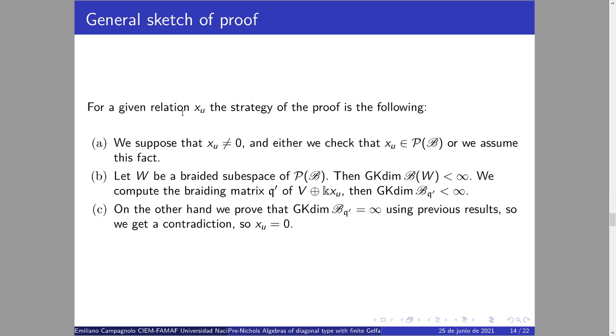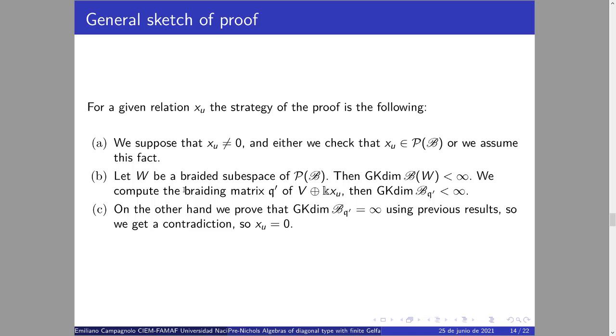For a given relation xu, the strategy of the proof is the following. First, we suppose that xu is not equal to 0, and afterwards we check that xu is a primitive element, or we assume this fact. Next, let W be the braided vector space of the primitive elements. Then the Gelfand-Kirillov dimension of the Nichols algebra of W is finite.